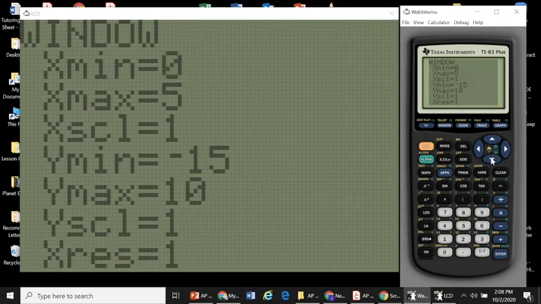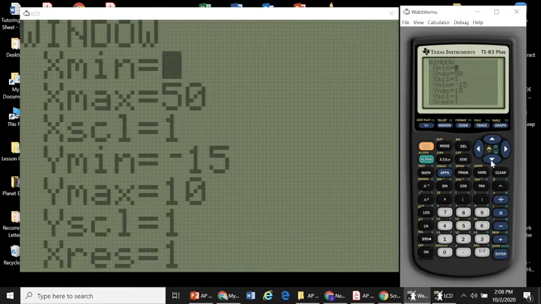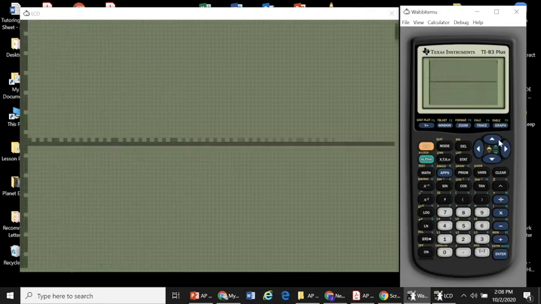I'm going to make the X max 50 seconds just to see, because I have no idea what the answer is. And we'll make the Y max a little bigger too. And so you'll notice when you do this, you kind of just have to mess with it. So I'll make y max 25 and y min negative 25, and I'll graph them.